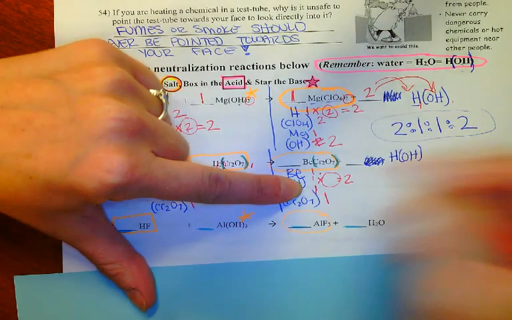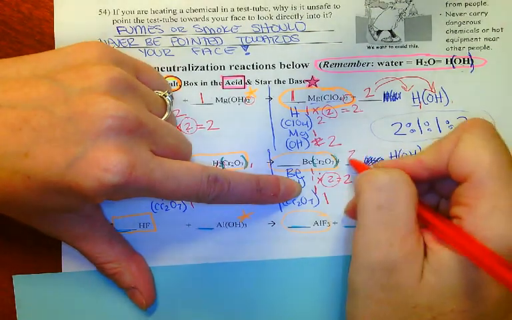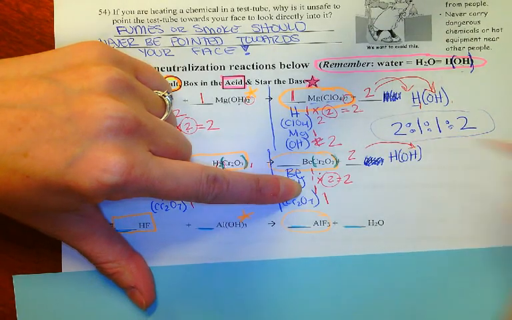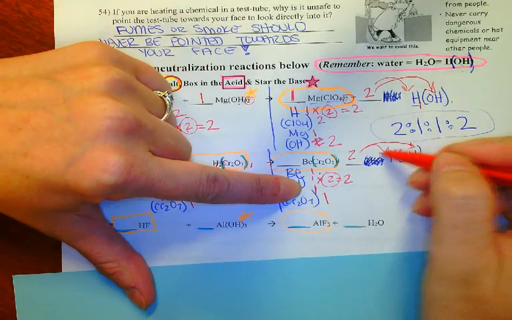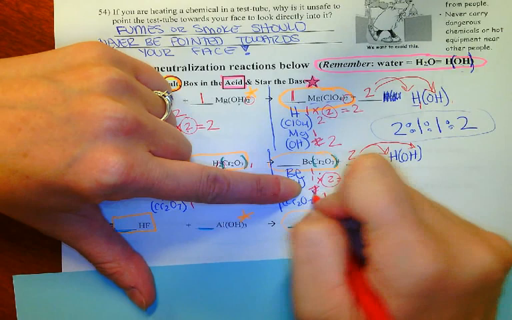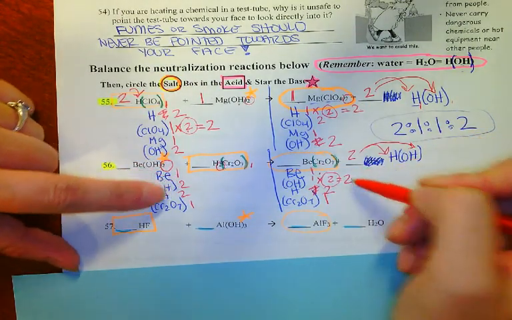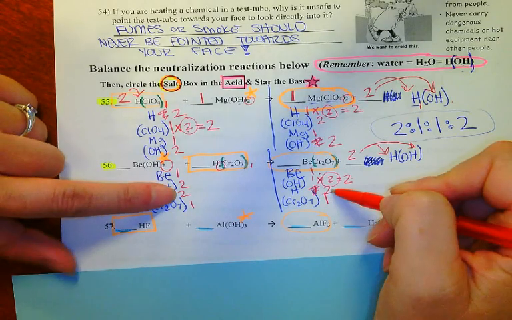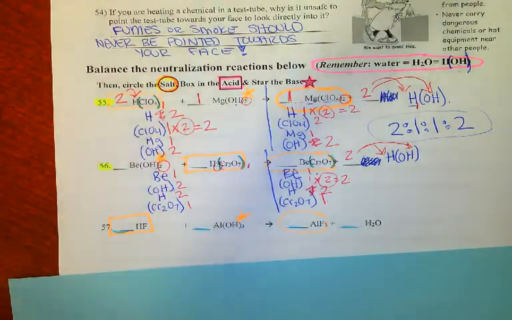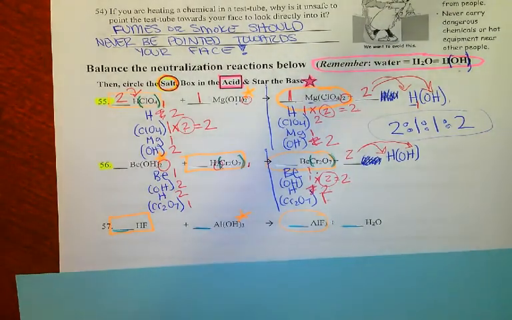That gives me 2 hydroxides. It also gives me 2 hydrogens. It's a package deal. So 1s are balanced, 2s are balanced there. That fixes my hydrogens, 2 hydrogens, and 1 dichromate. So that's the only change I need to make. That's it. 1 to 1 to 1 to 2.